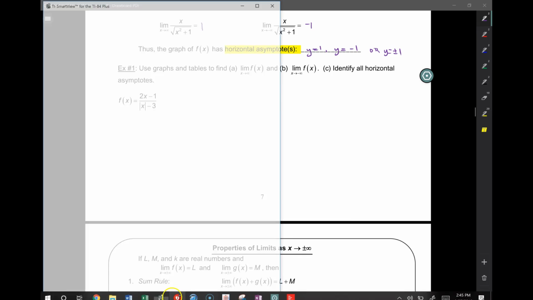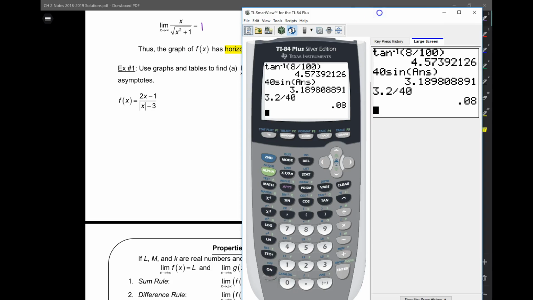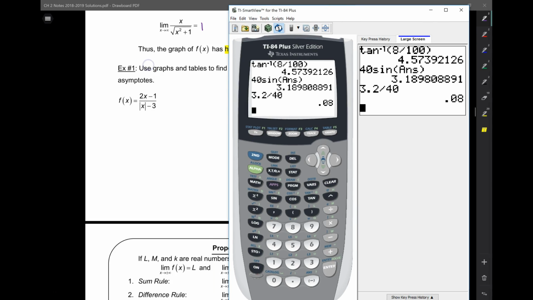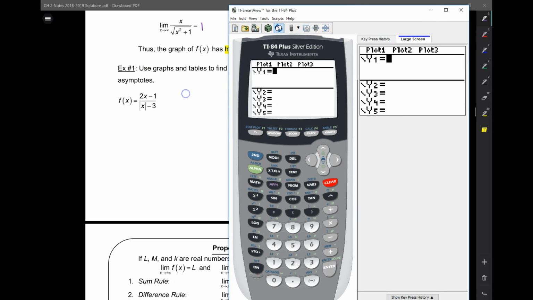We have 2x minus 1 on top, and I need parentheses here, divided by, in parentheses, absolute value.